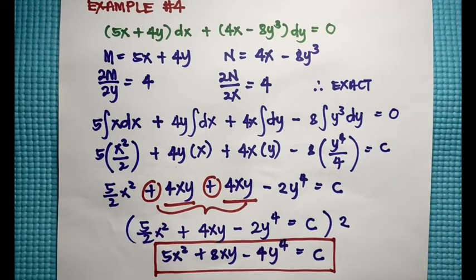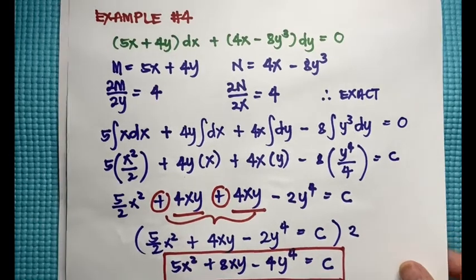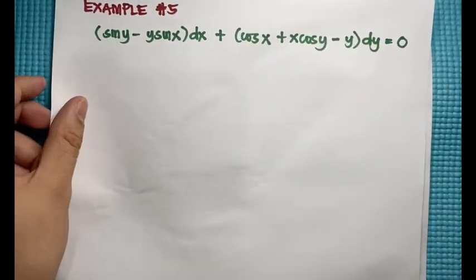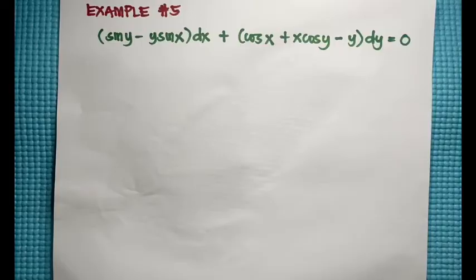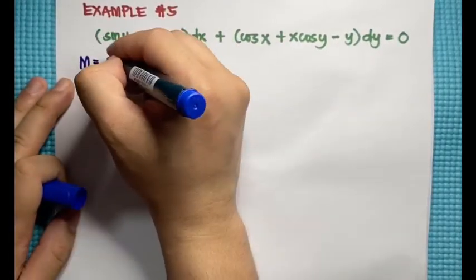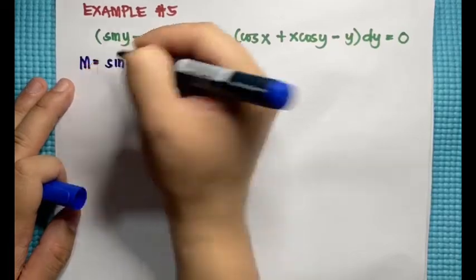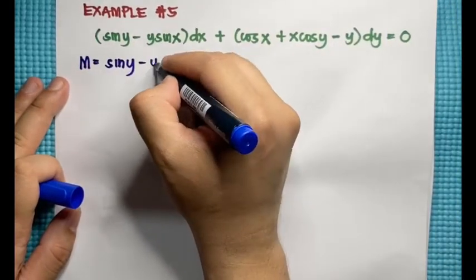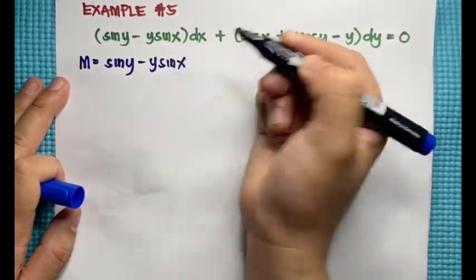So let's have the last example. For our last example, it involves again a trigonometric function: sine y minus y sine x dx, plus cosine x plus x cosine y minus y dy is equal to 0. So we're going to differentiate. Our M is sine y minus y sine x.